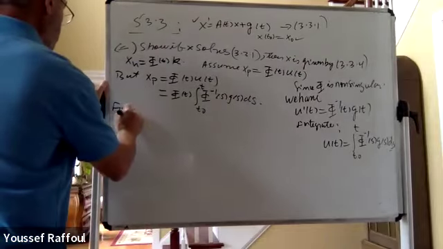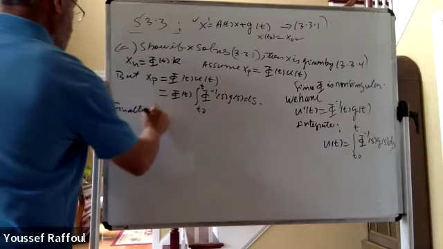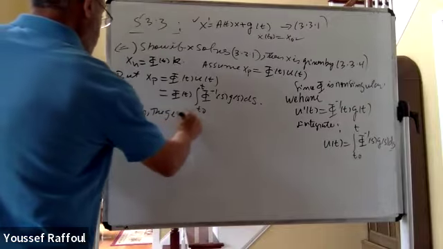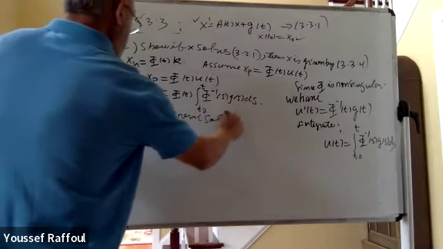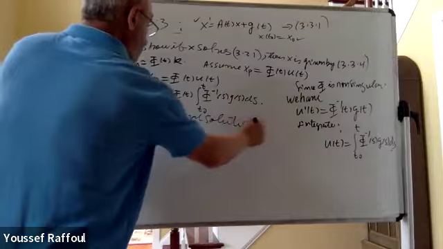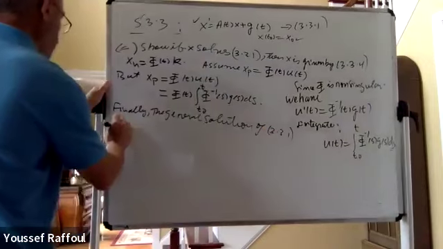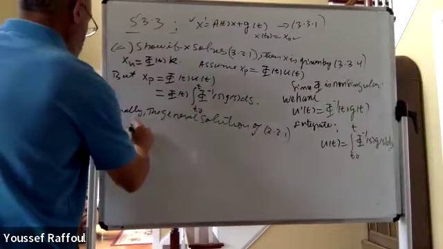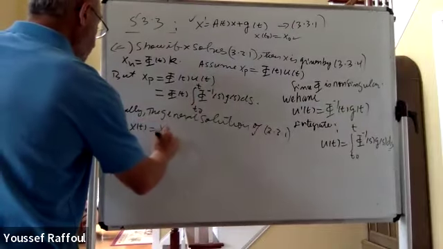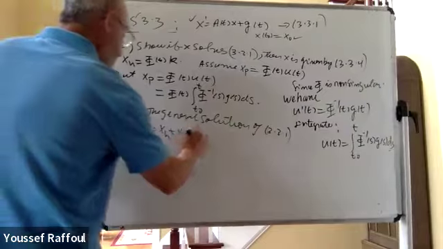Finally, the general solution of 3.31 is x(t) equal x_h plus x_p.